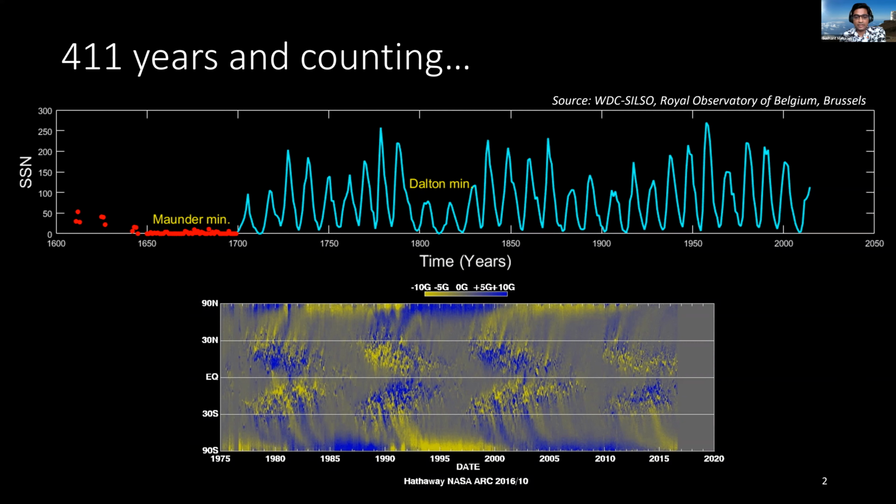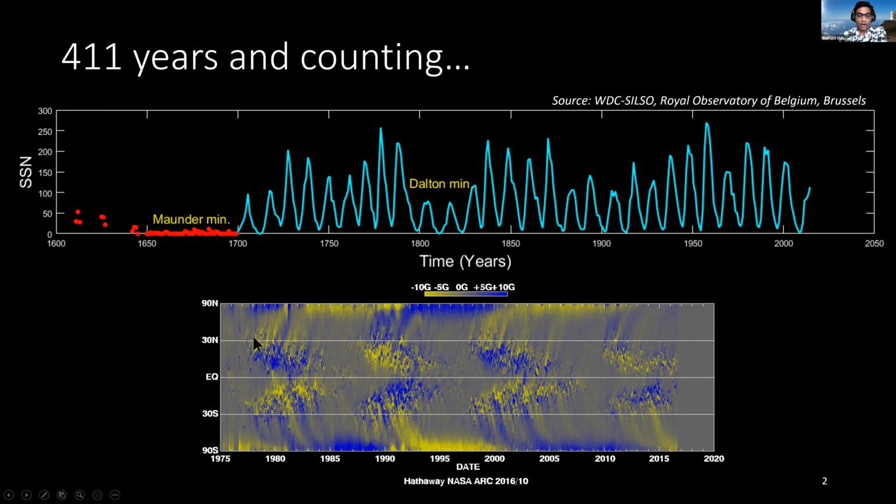If you look at the butterfly diagram down here, sunspots at the beginning of the cycle start appearing at higher latitudes. And as the solar cycle moves on, as sunspot numbers start increasing, newer and newer sunspots start appearing at lower latitudes.